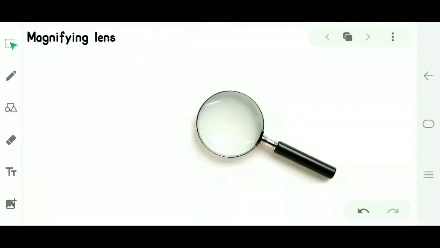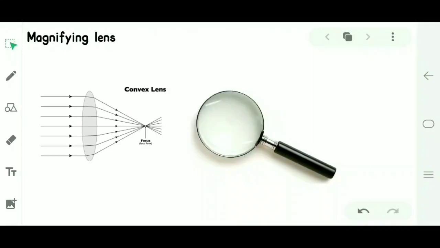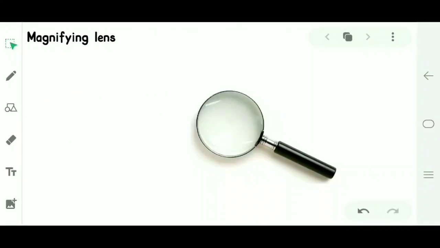Yes, it has a converging type of property. That means after being incident on the lens, the light rays will converge at a fixed point since they are coming from a long distance, or you can say infinity. So for the magnifying lens, we have to see what the actual reason is.